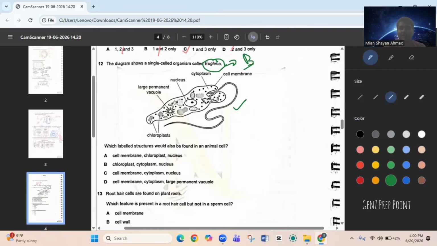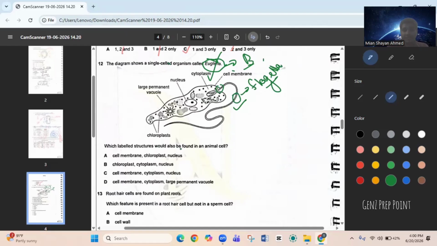I also skip. Just suppose I don't know. If you can see, this has a long structure called flagella, and this structure is only present in the bacteria cell. Only the bacterial cell has flagella, not any other cells, not the plant cells, not the animal cells. So this would be a bacteria cell.